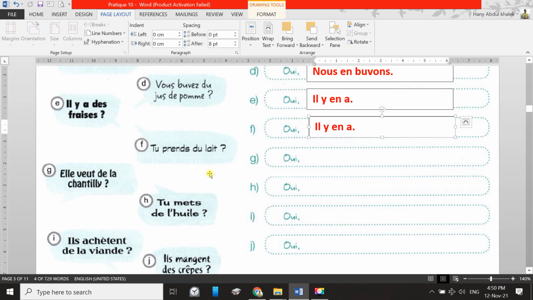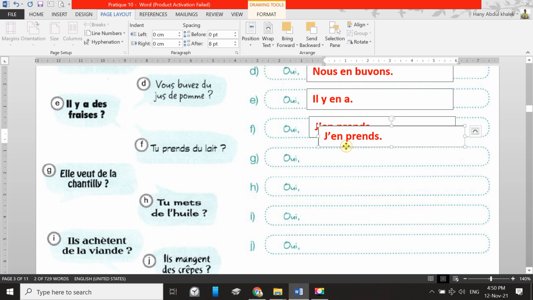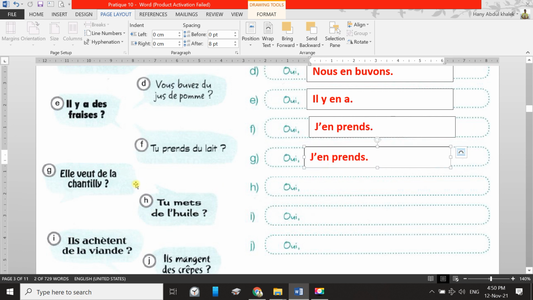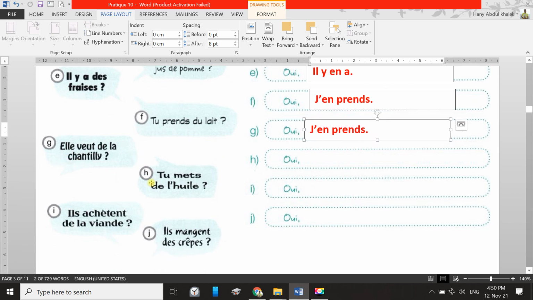Letter F. Tu prends du lait. J'en prends. Lettre G. Elle veut de la chantilly. Elle en veut.